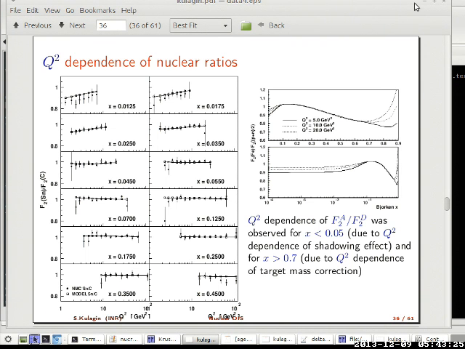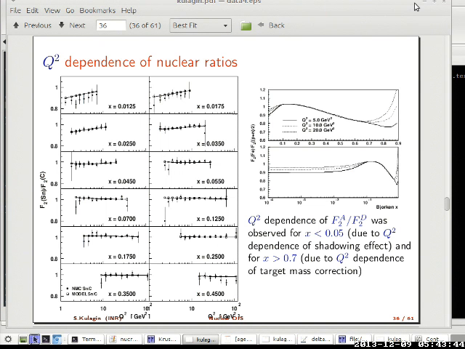So here the ratio of iron over the nucleon is drawn for a few different Q-square, from which one can figure out that the region of intermediate x is not affected by Q-square dependent nuclear effects.